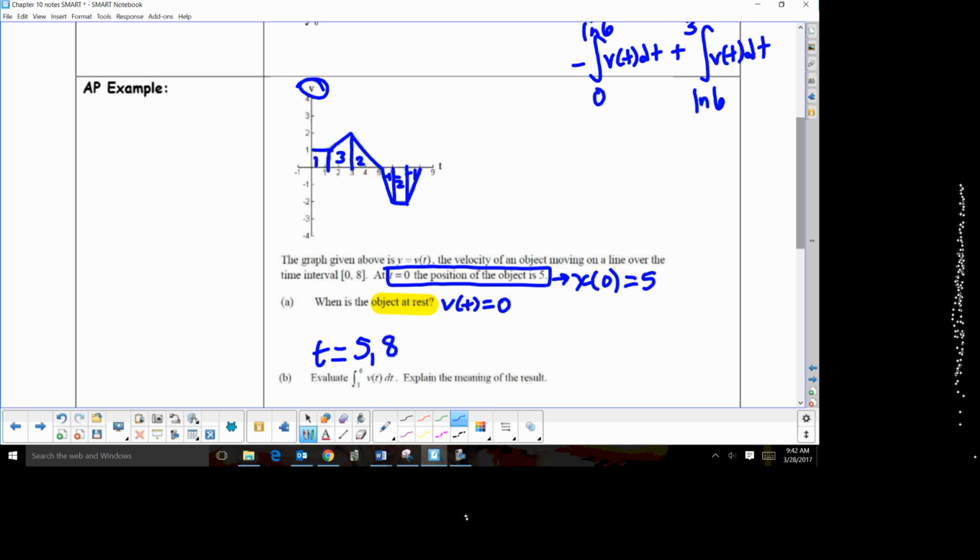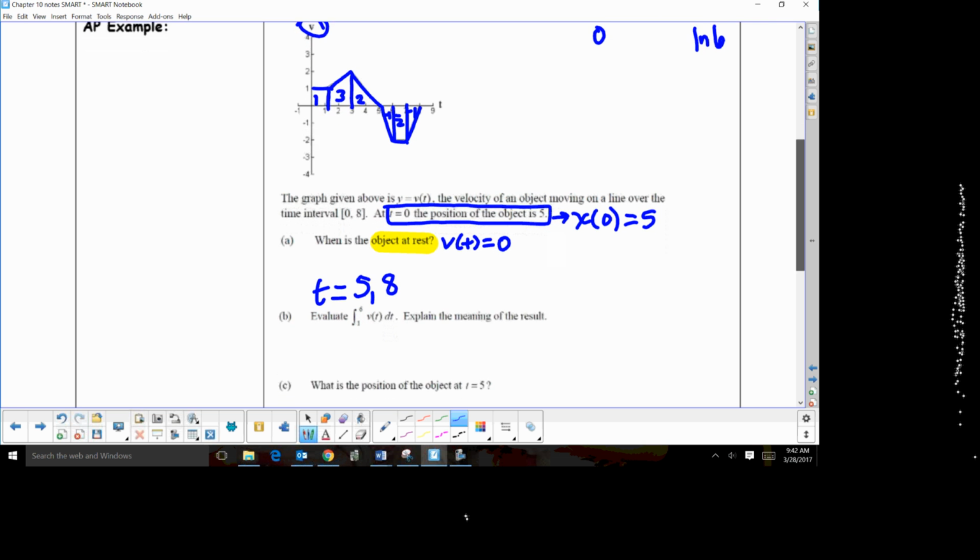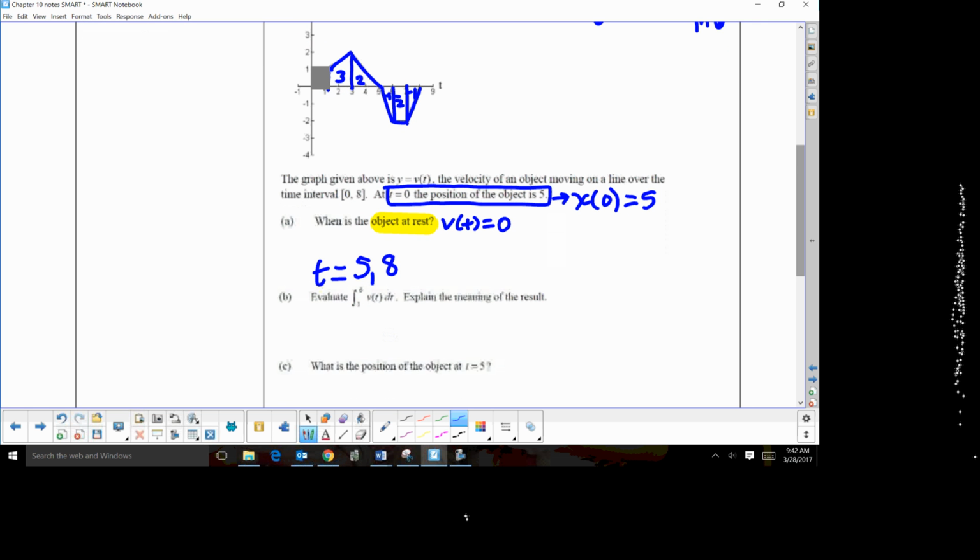So we should get out 4. It's not starting at 0, which is the tricky part. It's starting at 1. So that integral from 1 to 6 of v of t dt is 4. So I have 3 plus 2 minus 1.